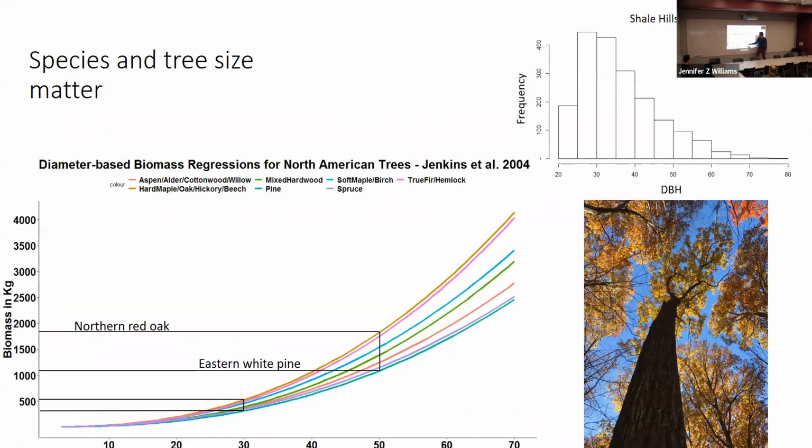The amount of biomass that each of those trees has is much greater, almost 50% greater between species when you get out here at 50 centimeters compared to 30. So the few trees that are out here on the distribution of diameter account for a larger proportion of the carbon stored in a forest.